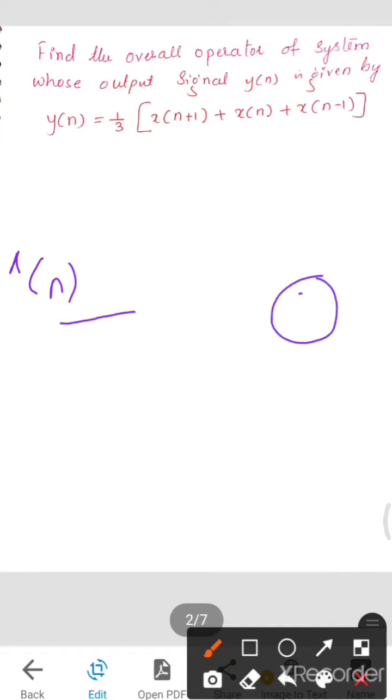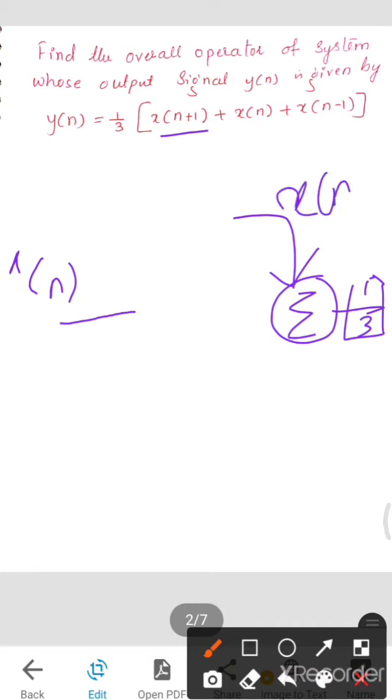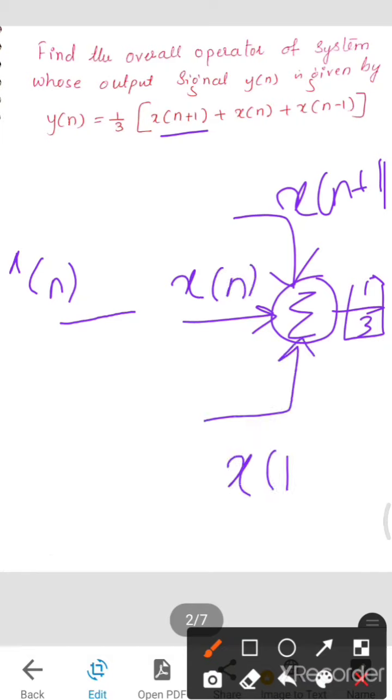Remember, this is your output, which is a summation of signals, and it has to be multiplied with 1 by 3. So one signal has to come, and it should be x of n plus 1. One more signal has to come, which is x of n. Another signal has to come, which is x of n minus 1.